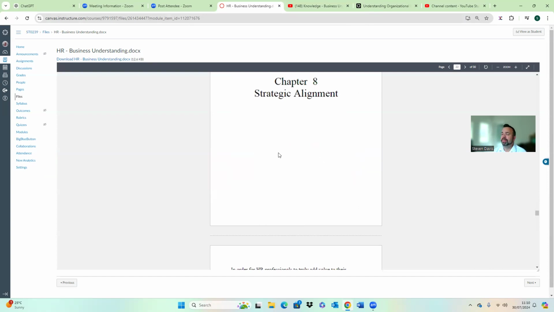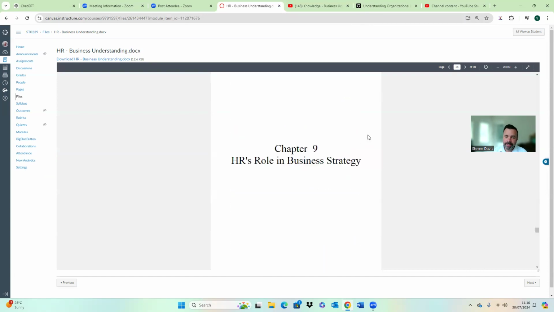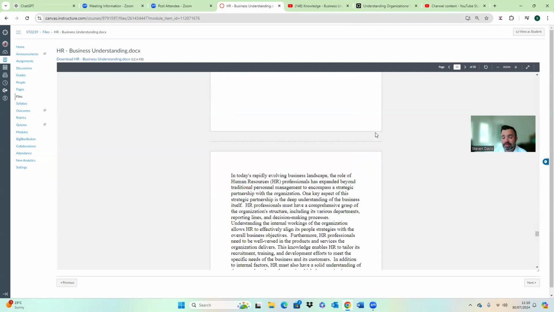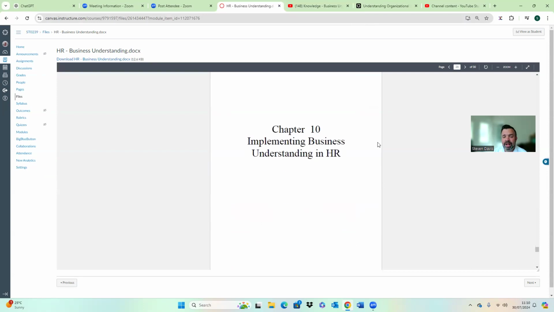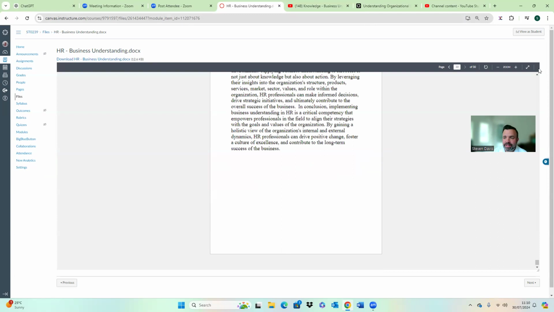So strategic alignment is then those values, linking it back to the business plan or your statement of purpose and service user guides. And then looking really at how the HR role manages the business strategy, so a bit more in depth there, and then implementing that through the business.